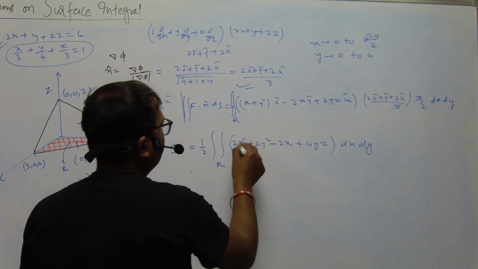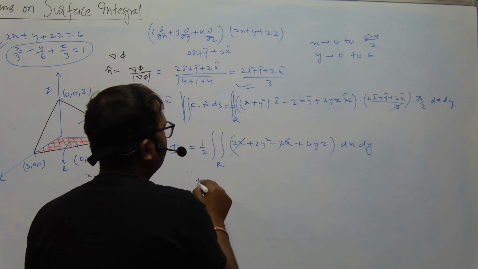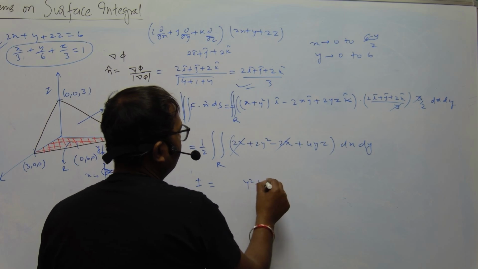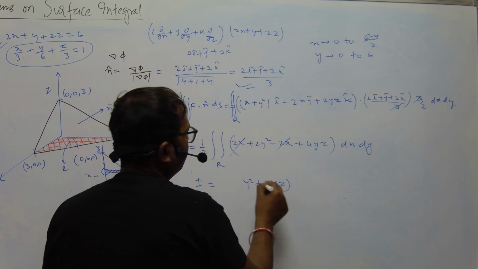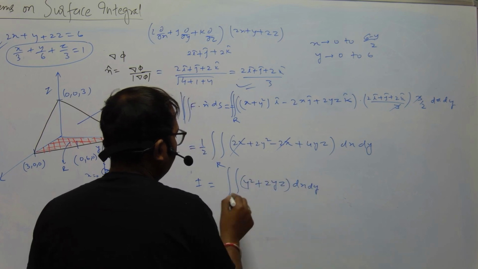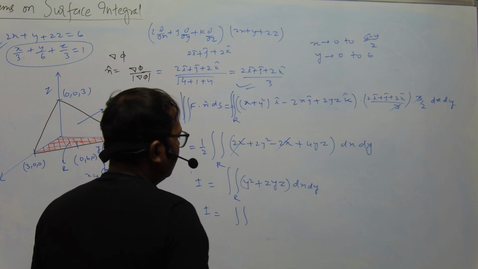The half is there, this gets cancelled. From here we can take 2 outside. I is equal to the integral of y square plus 2yz, dx dy, equal to the double integral. Here we can take y outside.